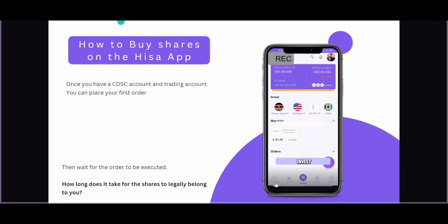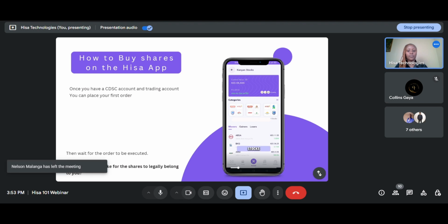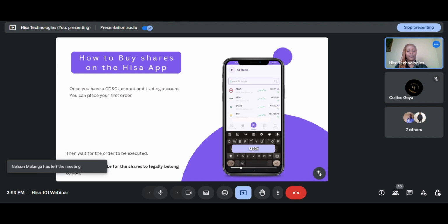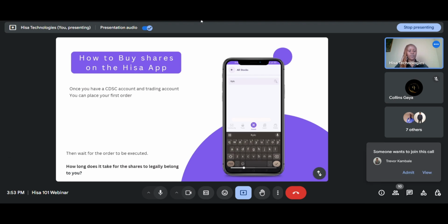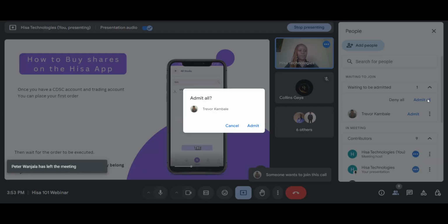On the invest page, tap on Kenyan stocks. Tap on all stocks. Then search for the stock that you'd like to buy. For example, KPLC. Then tap on the stock.